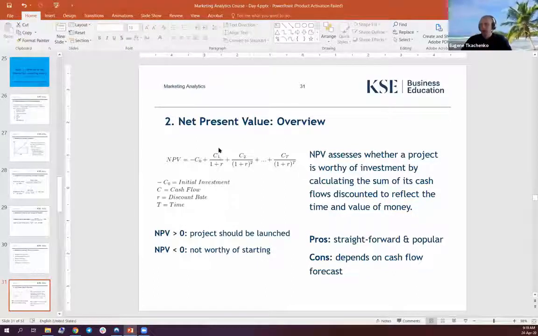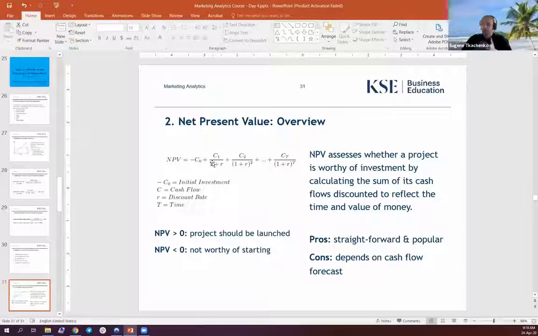And then we're expecting incoming cash flow in the first year of, let's say, $500, with the discount rate we're expecting. Our expectation for the first year is that we will be able to grow our business by, let's say, 5%.